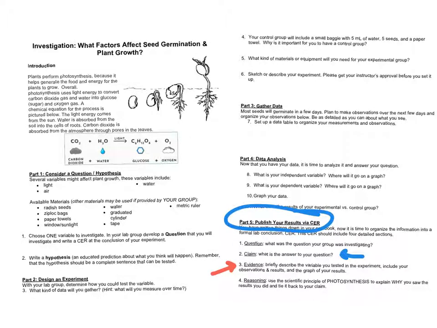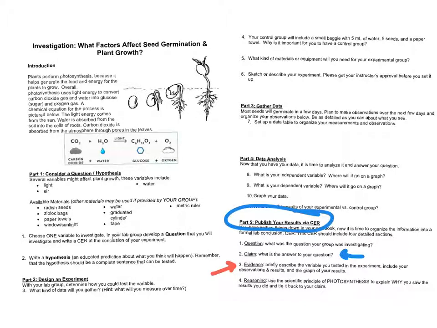So some of you got some points taken off because you did not briefly describe the variable or what you tested. So even just a simple sentence saying we tested the amount of water and we put 5 milliliters in the control and we put 10 milliliters in for the experimental, even something simple like that would have sufficed to grab those extra points.